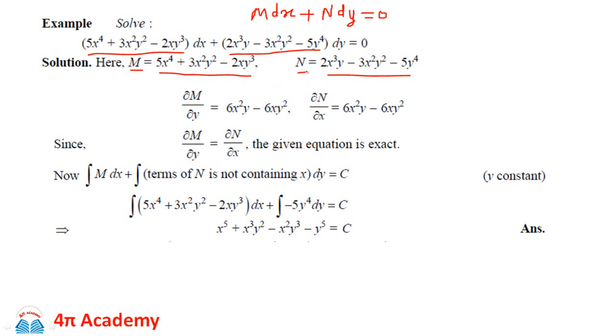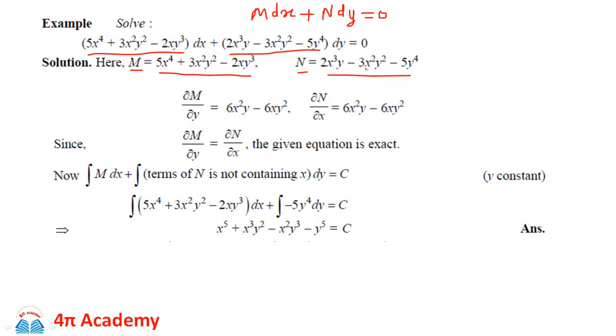Then let us differentiate N with respect to x keeping y constant. There are no terms of x in 5y raised to power 4, and therefore its derivative with respect to x is 0. Now here 2y remains constant, and the derivative of x cube will be 3x square, so 3 into 2, that is 6x square y.